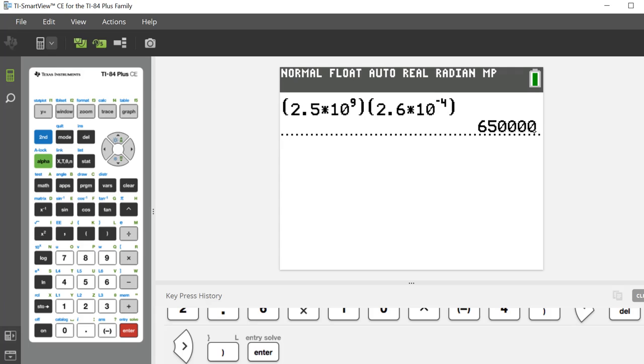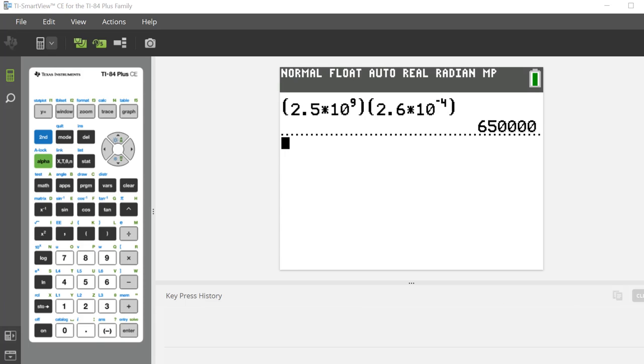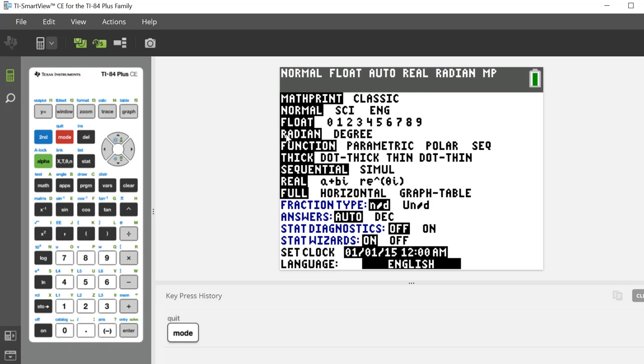Now, your calculator also has a mode. If you hit the mode button next to the second button, down here it says normal versus scientific notation. So normal is the same as standard, and then we have scientific. I'm going to arrow to the right and hit enter, and then second quit.